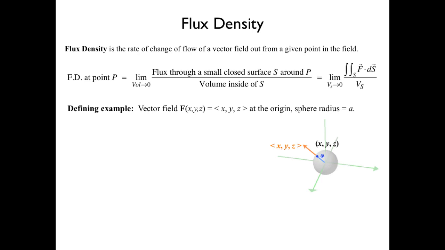Because at xyz, you'd have xyz. So what's the magnitude of every vector on the sphere of radius a? A, right? So the magnitude of that orange vector will be a.